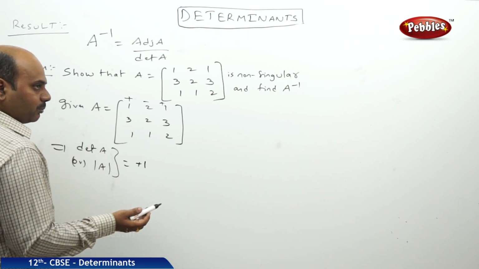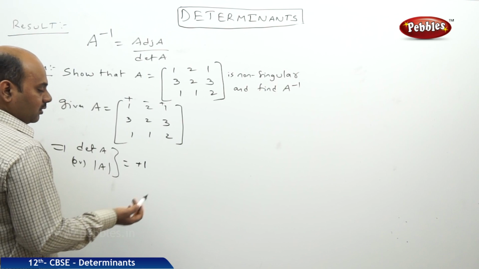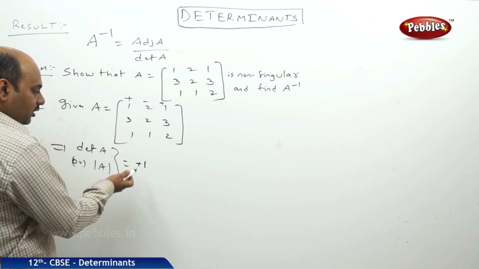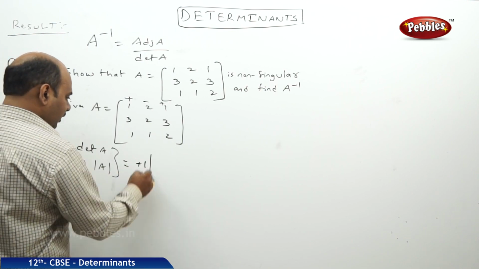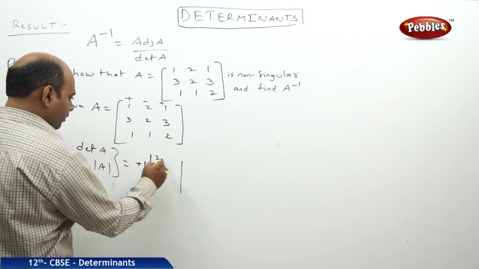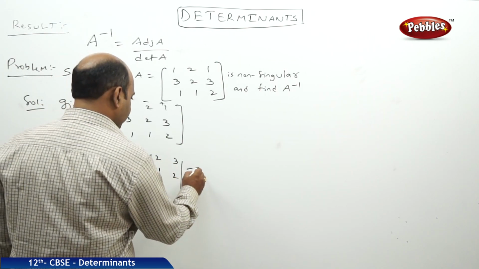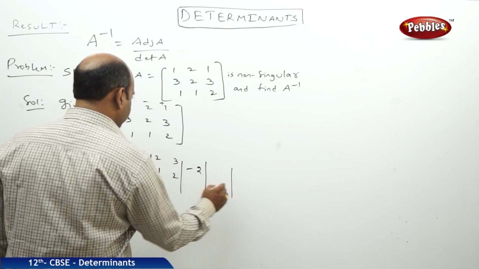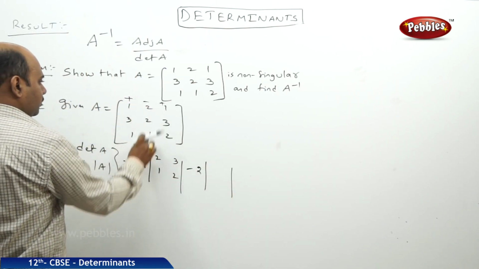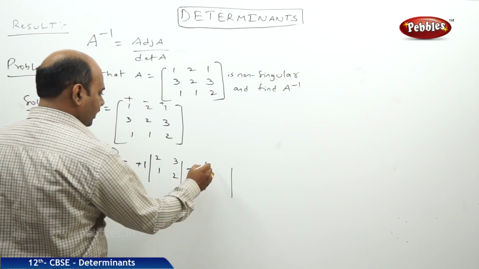Minus 1 whole power 1 plus 1 is minus 1 whole square, that means it will be a plus only, so I kept here plus 1 into its minor. Into its minor means 2 3 1 2, and here minus 2 into its minor.